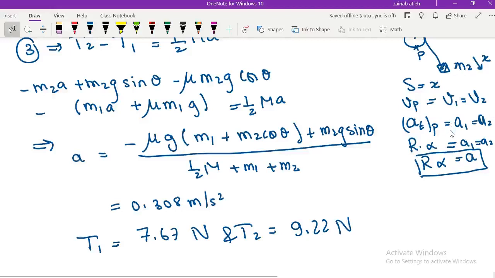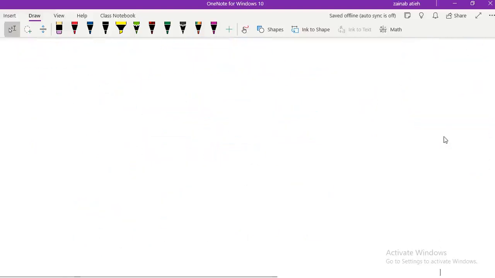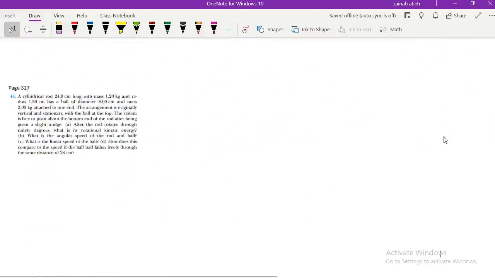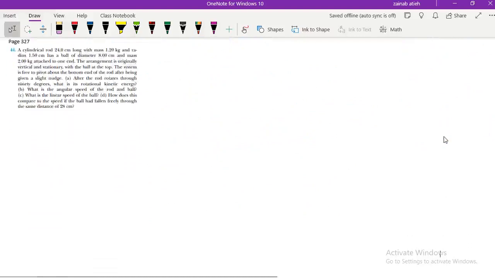I will move now to problem 44, page 327. A cylindrical rod 24 centimeter long with mass 1.2 kilogram and radius 1.5 centimeter has a ball of diameter 8 centimeter and mass 2 kilogram attached to one end.